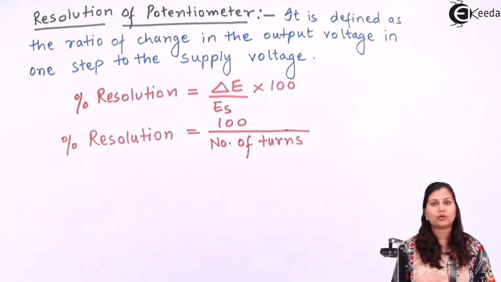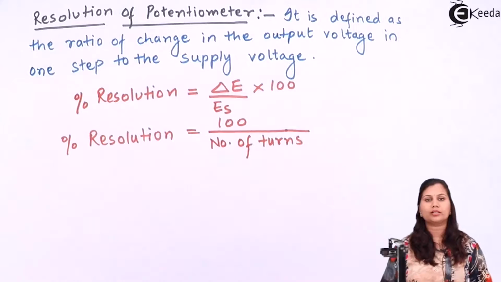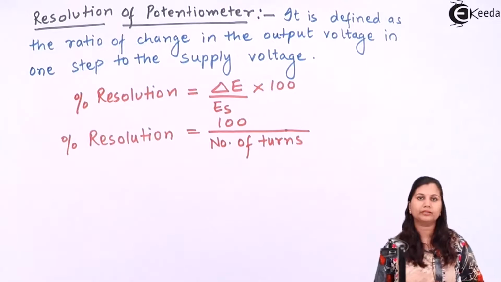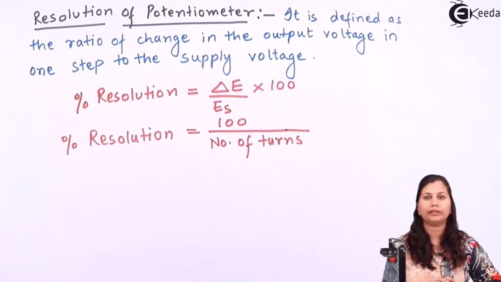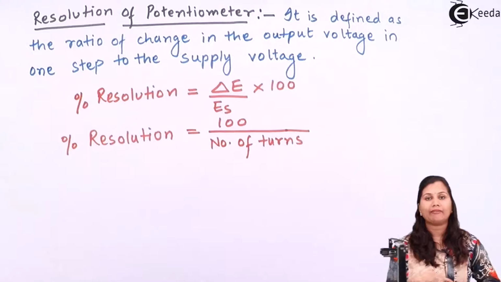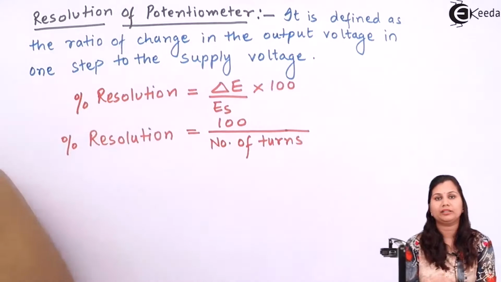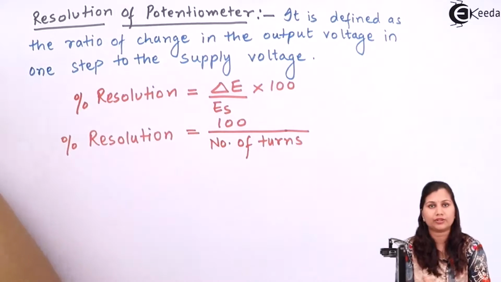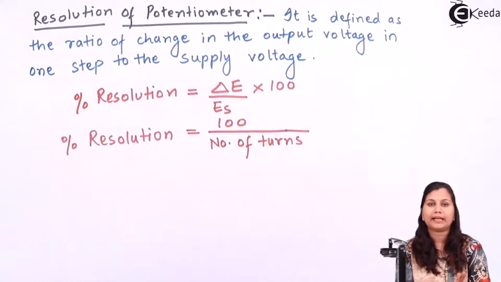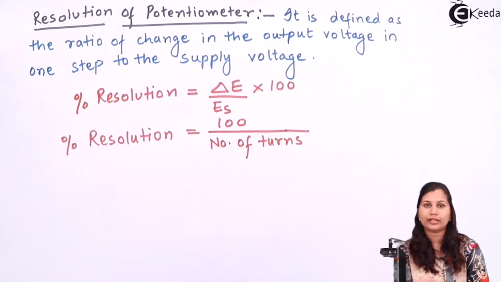So in this video, we have studied the first control system component, the potentiometer, and we studied that the potentiometer is an electromechanical transducer which converts mechanical energy into electrical energy.